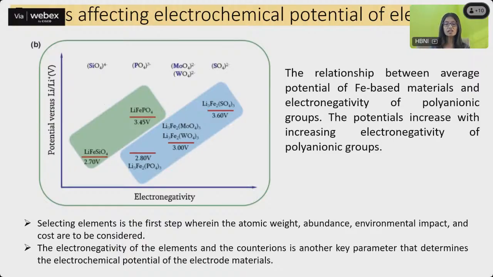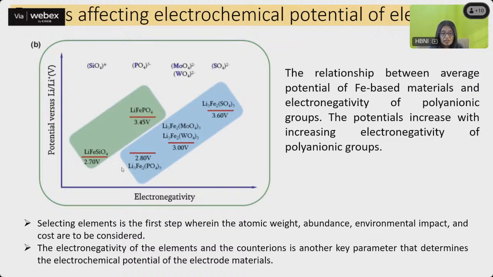So what are the different types of counter anions you can think of? You can have silicates, phosphates, molybdates, tungstates, and sulfates. So what role does it play? If we see LiFeSiO4, and I consider the phosphate salt of the same cations, that is lithium ion, so you have LiFePO4. Now look into the potential over here.